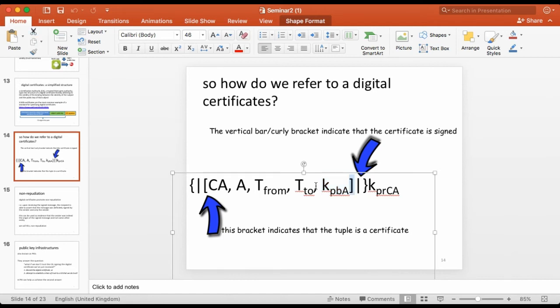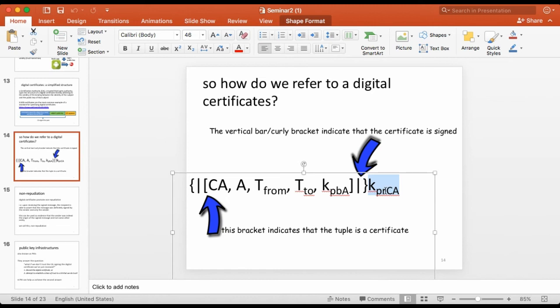So we have this 5-element tuple of information, and the whole thing, very importantly, is signed by the certification authority. So it's signed by the private key for the CA.